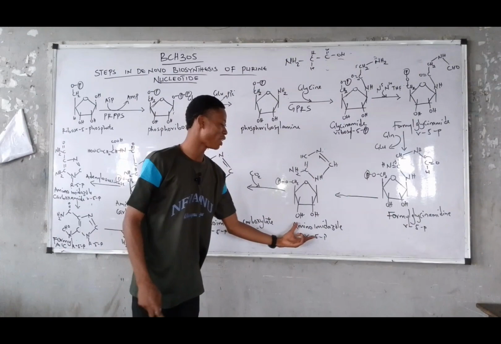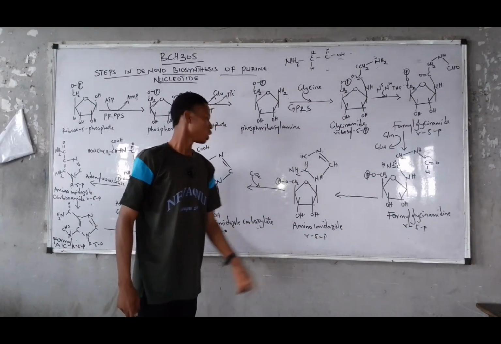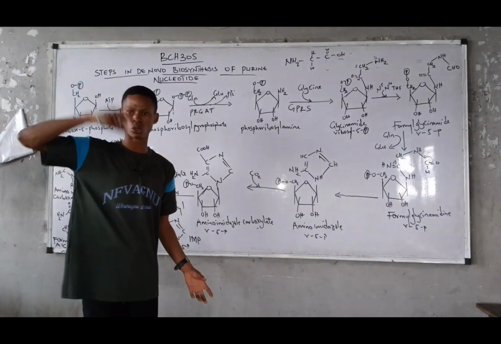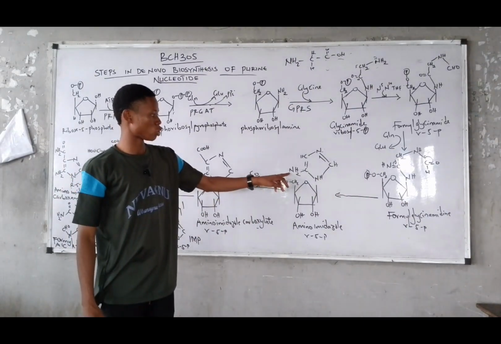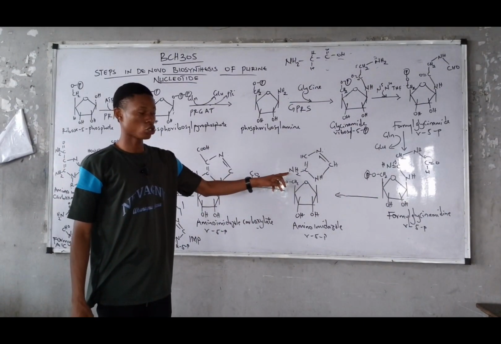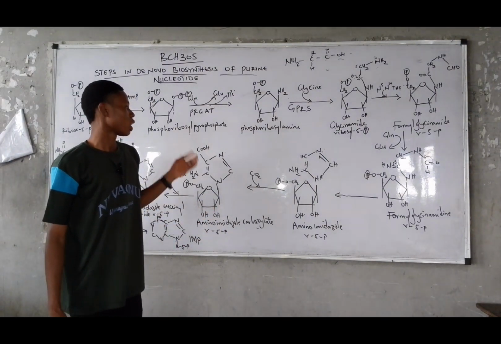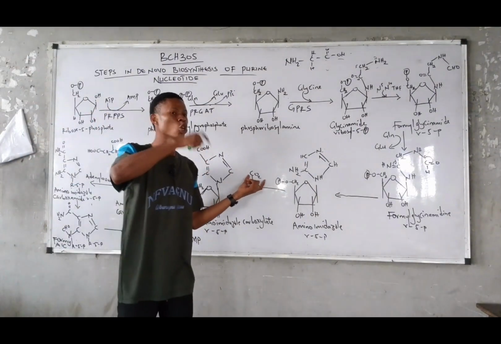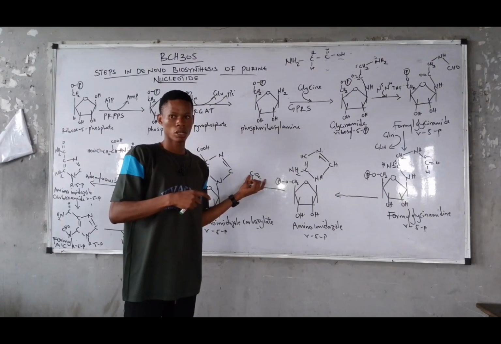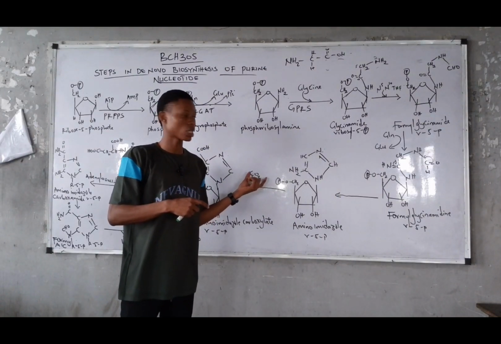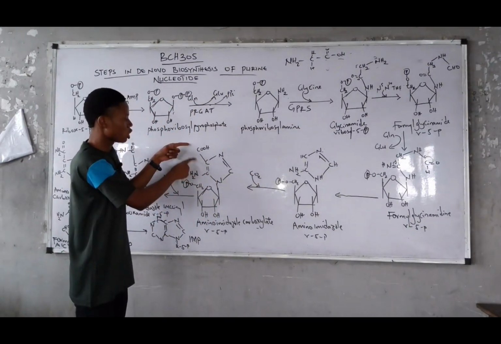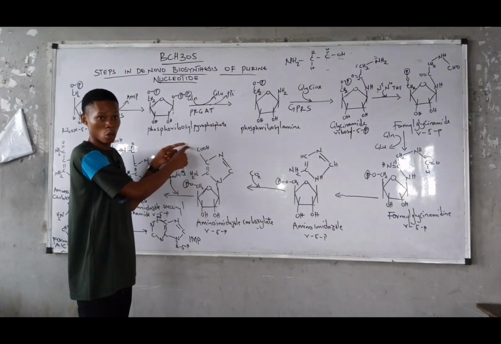All right, so aminoimidazole ribosyl-5-phosphate. The next step is carboxylation. This is nitrogen 3, right? Yes. Remember, what was bringing CO2 was providing what? Carbon 6, right? So carboxylation, we attach this where our carbon 6 is always.